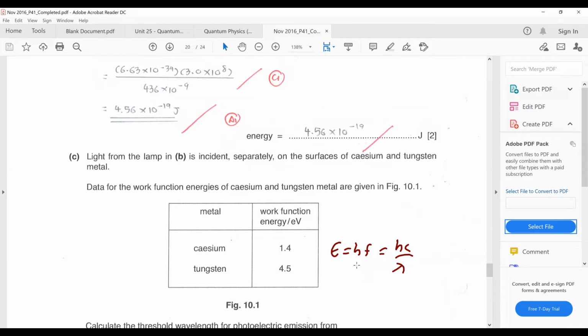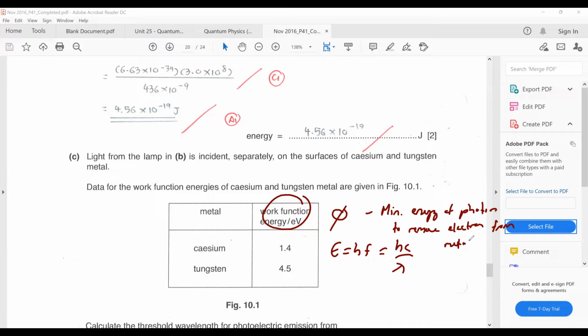Work function energy, as I mentioned, is that symbol phi, the minimum energy of a photon to remove an electron from the metal surface. The keyword is minimum. If you're asked to define work function energy, you cannot omit this term. You must have the word minimum there.